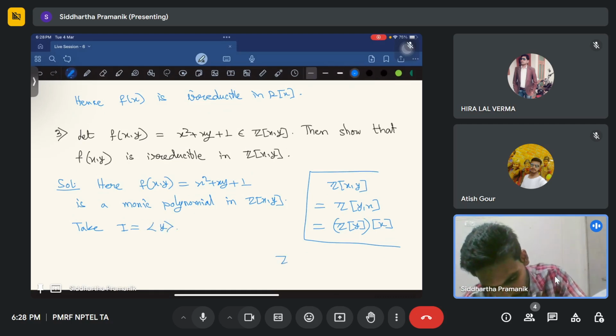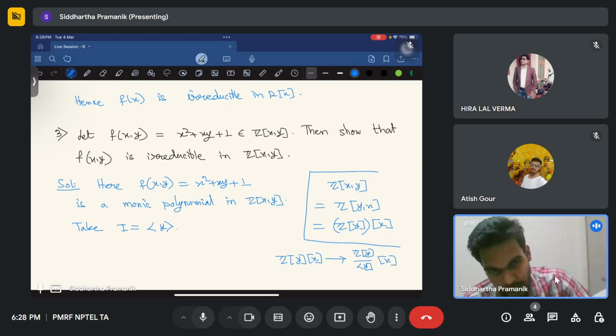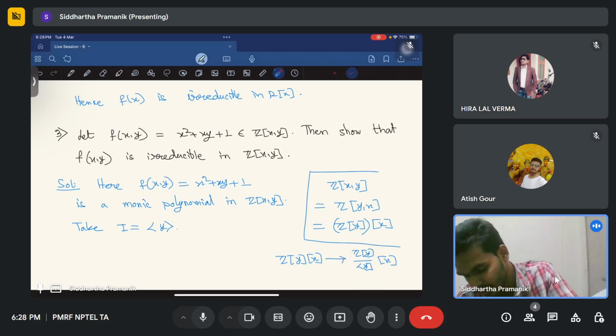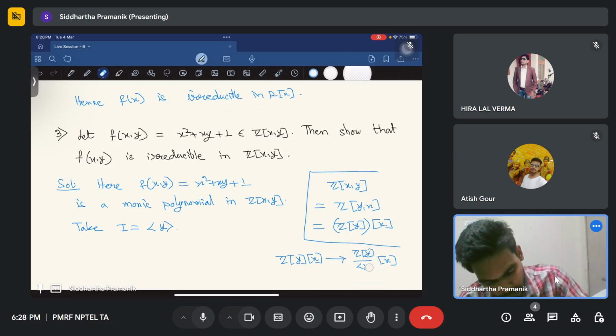So here you have Z[y][x], and you are mapping it to Z[y] modulo y, then adjoining x. But what about this quotient ring? This is just Z, right?